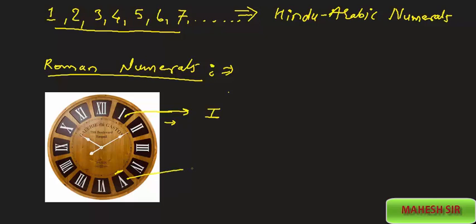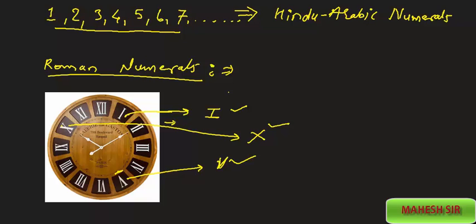This symbol actually looks like V. Now, what about this symbol? This symbol looks like X. Student, these I, X and V symbols are actually Roman numerals or Roman numbers. So all the numbers are shown in the form of Roman numerals.